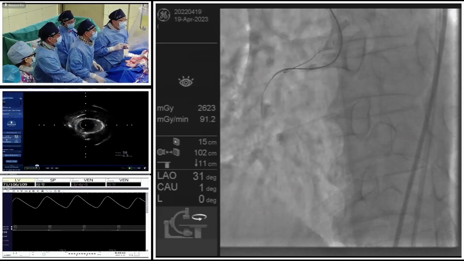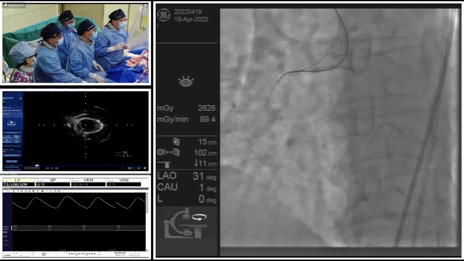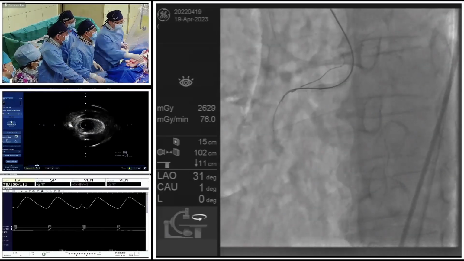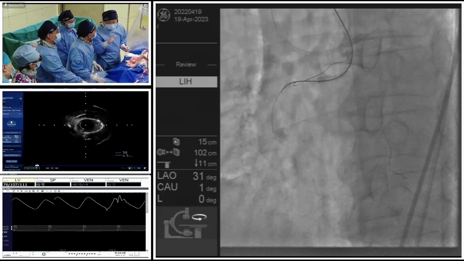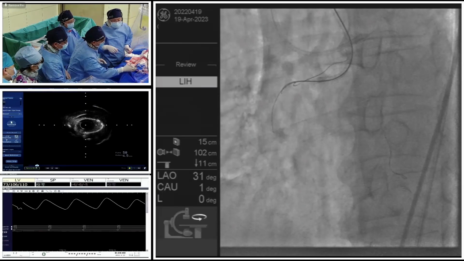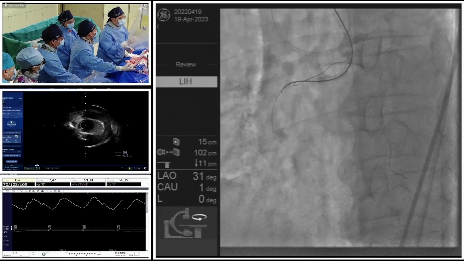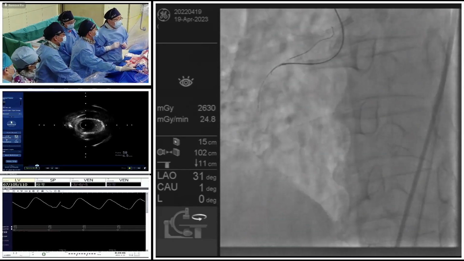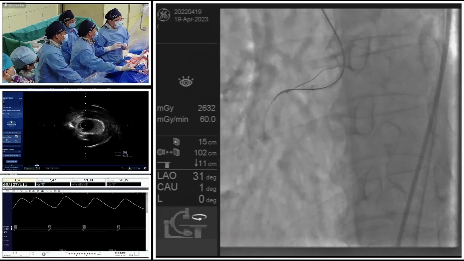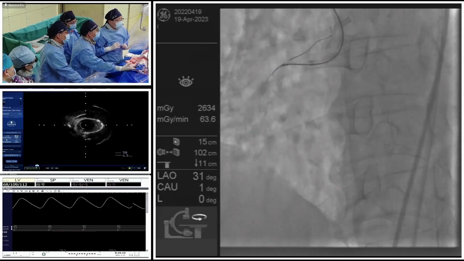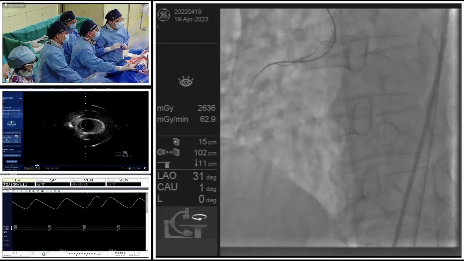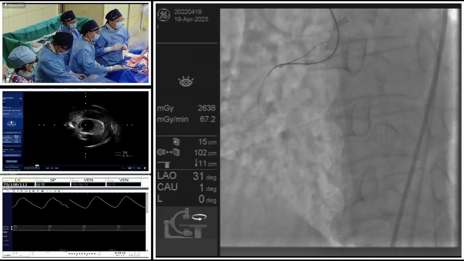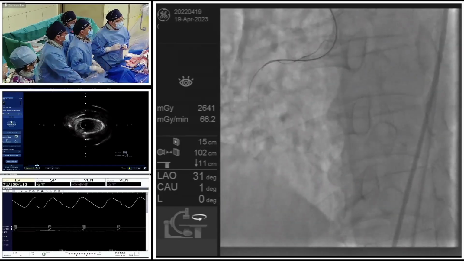So for the parallel wire technique, the key point is also called the contemporary parallel wire technique. That means avoid too much first wire manipulation, to avoid large hematoma and false lumen formation, which may reduce the success rate of the next wire coming into the true lumen.